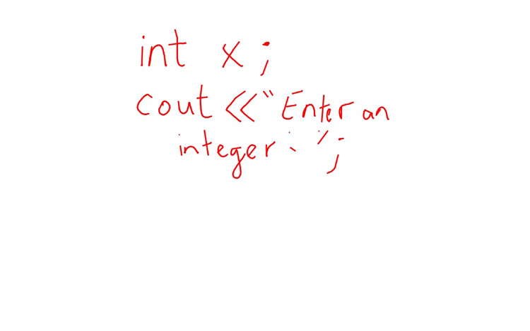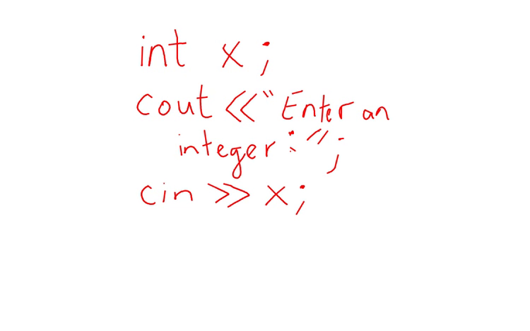And what happens after that? Well, you need to use that along with a cin, right? Once the person sees this command to enter an integer, they're going to type in an actual integer, and whatever value they type in gets put into this variable x.